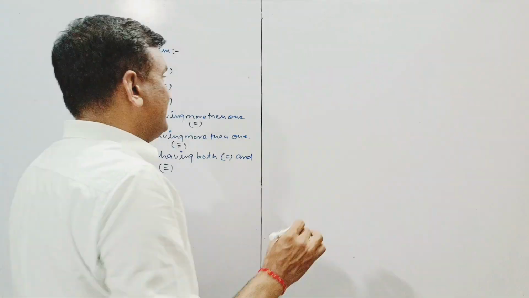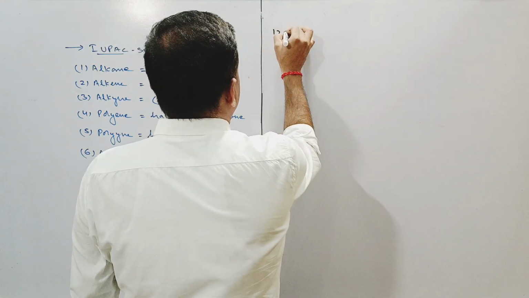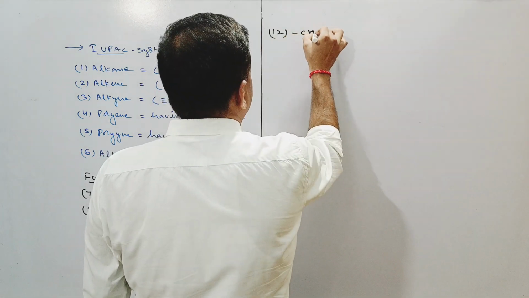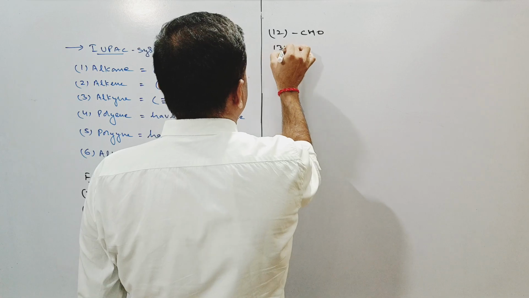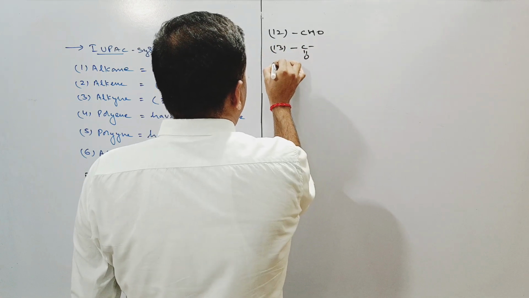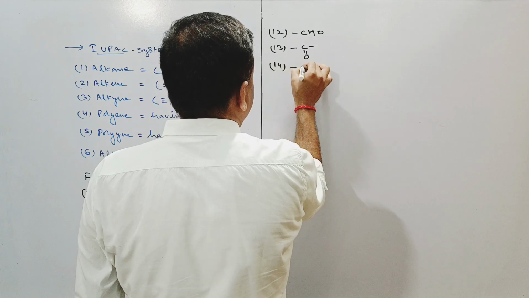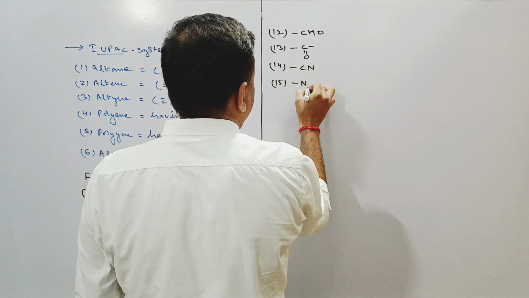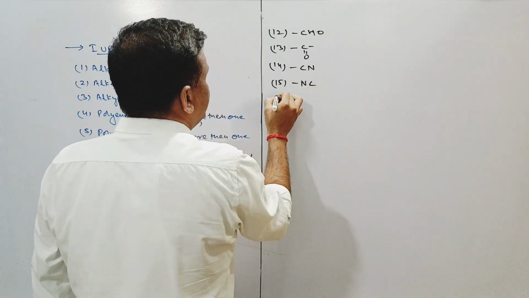If we go with the 12th functional group, then we can take CHO. As the 13th functional group, we can take CO as a ketone. As the 14th functional group, we'll go with CN. 15th functional group, we'll go with NC, isocyanide.